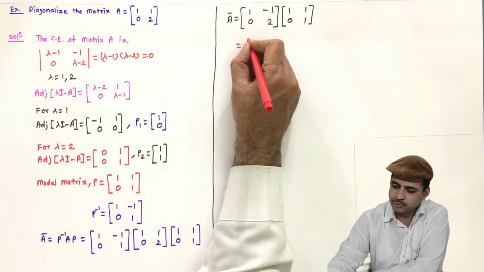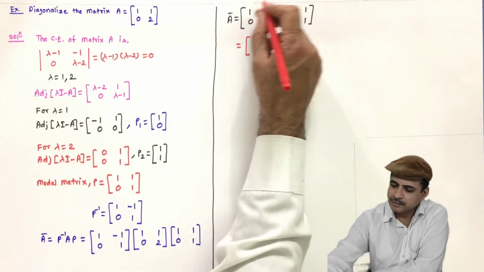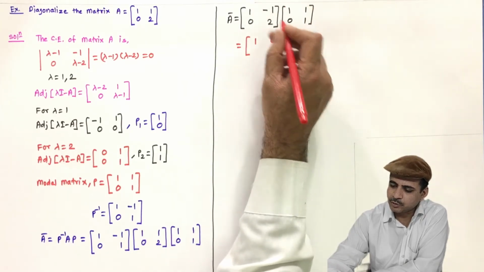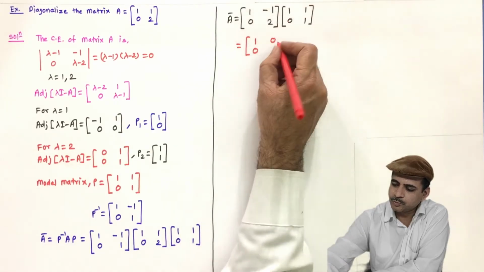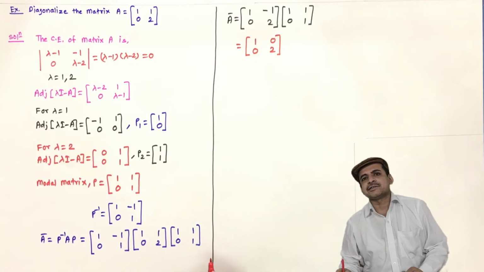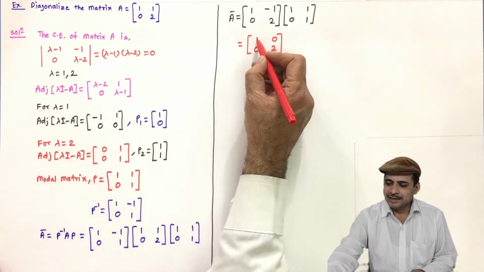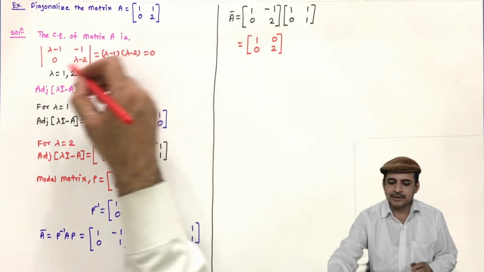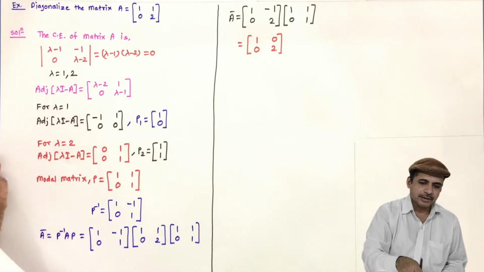Which is equal to 1 plus 0 is 1, 1 minus 1 is 0, 0 plus 0 is 0, 0 plus 2 is 2. So see, it's a diagonal matrix. A is diagonalized with the same transformation, where the eigenvalues 1 and 2 are the diagonal elements of A bar.